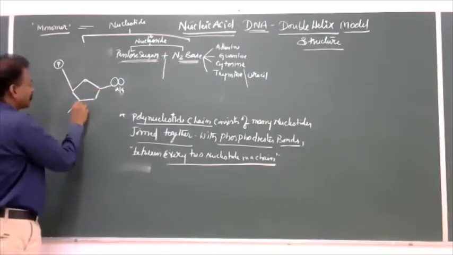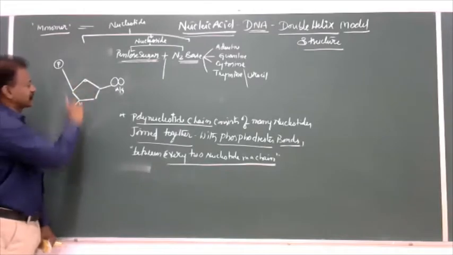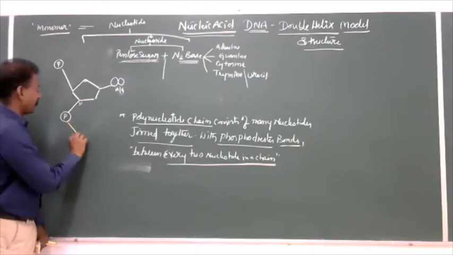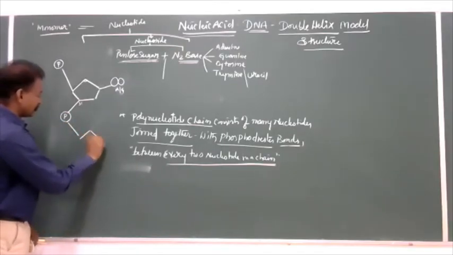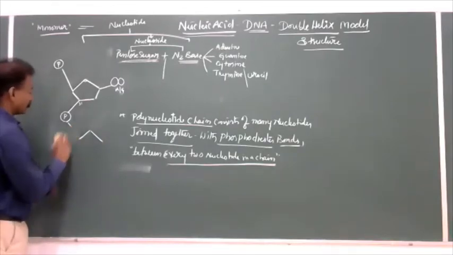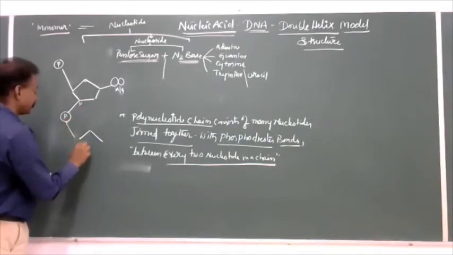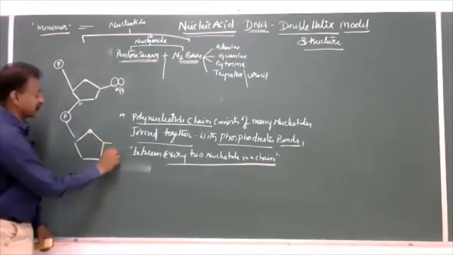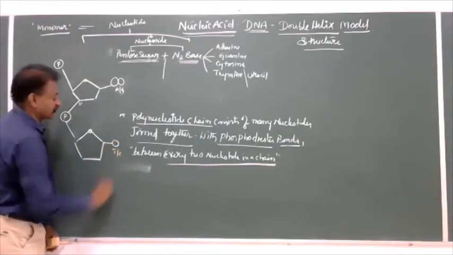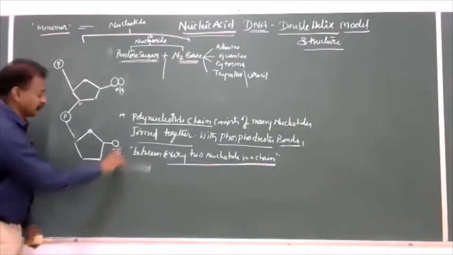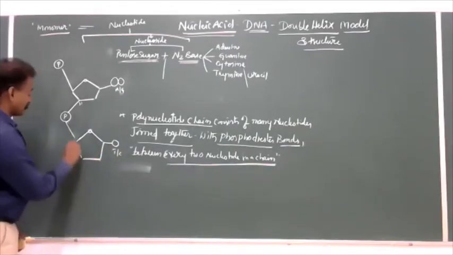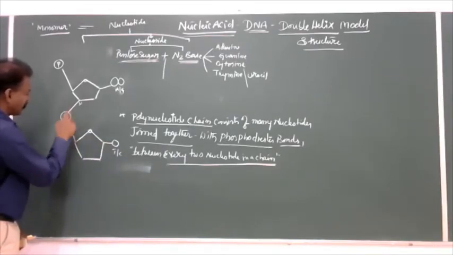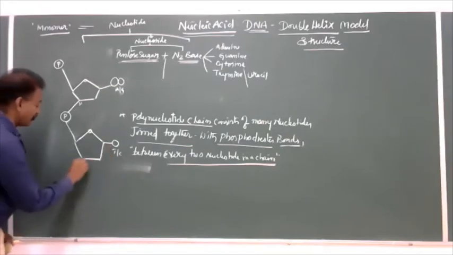Here, the third carbon of this sugar bonds with the fifth carbon of another sugar molecule. First carbon, maybe thymine or cytosine. If it is RNA, maybe uracil or cytosine. Phosphodiester bonds and glycosidic bond.